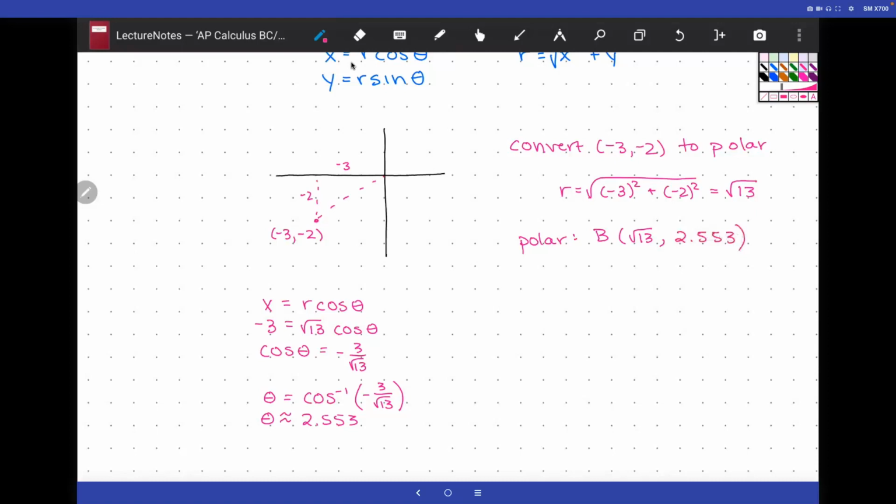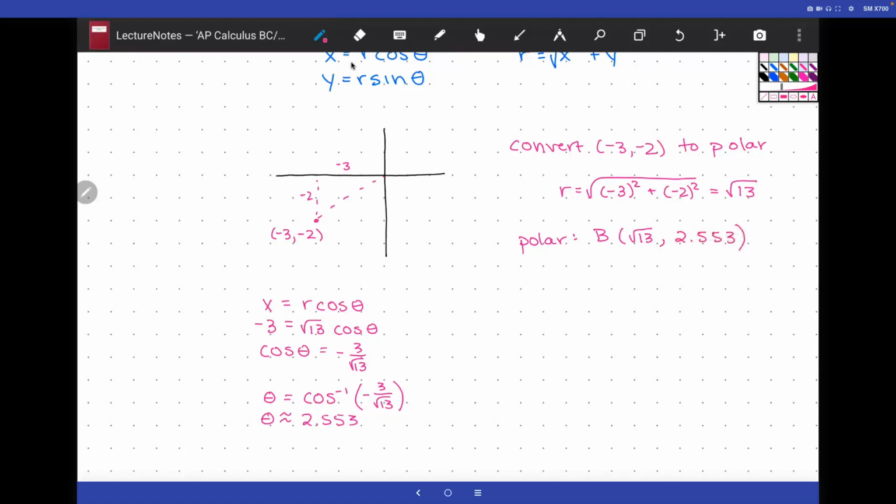In what range? 0 to pi. Whenever we put cosine inverse on our calculator, it doesn't matter what we put in. So even if we made the y coordinate negative, it's still going to put us in the wrong quadrant. We're only going to get answers in quadrant 1 or quadrant 2, something between 0 and pi. So you have to watch out for that. If your point is not in quadrant 1 or 2 when doing cosine, your calculator's not going to give you the right answer.